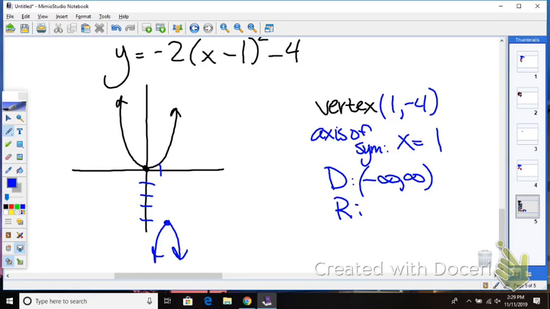Every time we do range, we start at the most negative y value. So since these arrows are going down, what's the most negative y value? Negative infinity. So in this case, I'm going to start with negative infinity, and I'm going to go up to the highest point, which is negative 4. So this range goes negative infinity up to negative 4. So that makes this point a min or a max? Maximum.